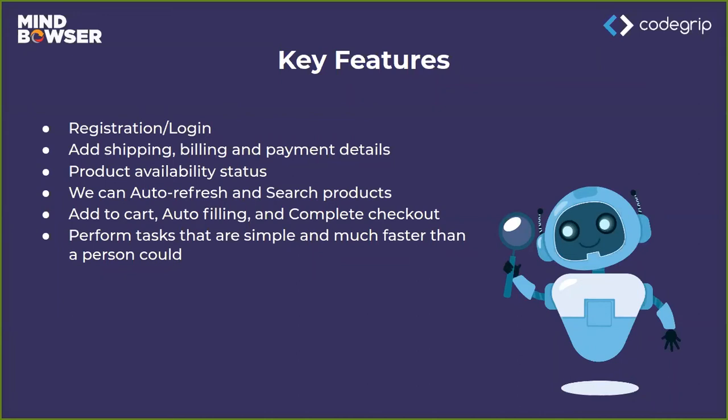The next key feature is auto refresh. If the product is not available, we can auto refresh. Auto refresh means we are able to refresh the page within a certain time period. For example, right now I am checking the graphic cards and they are not available.